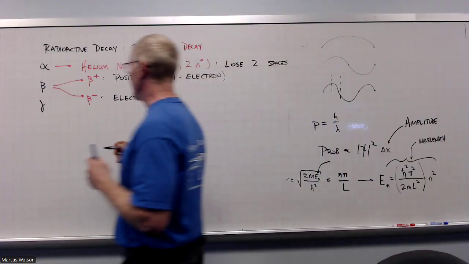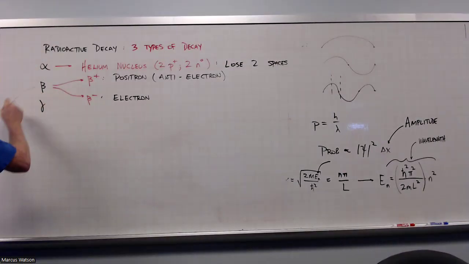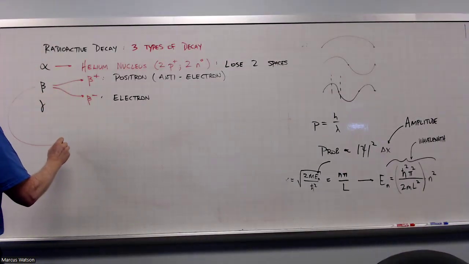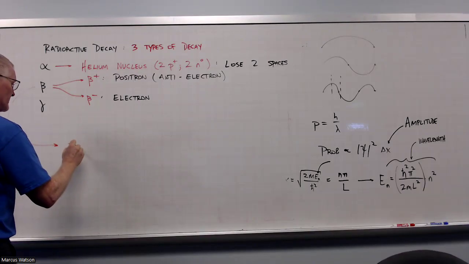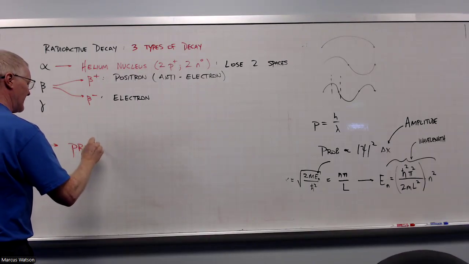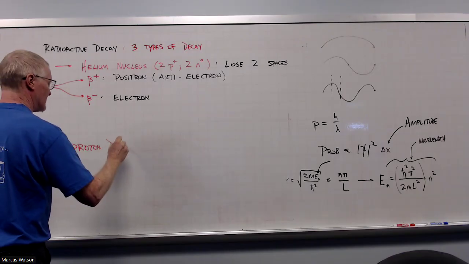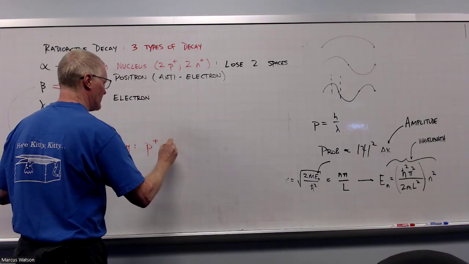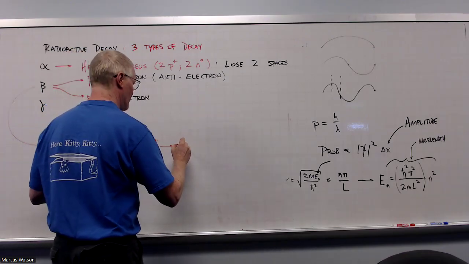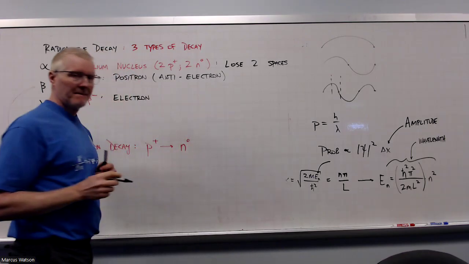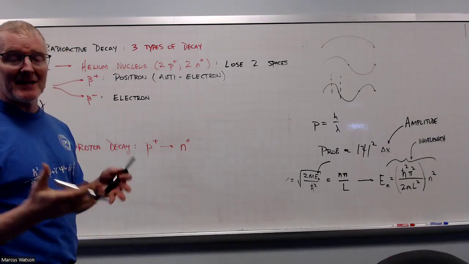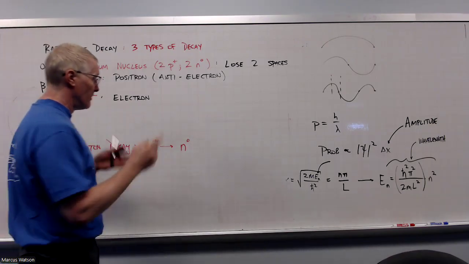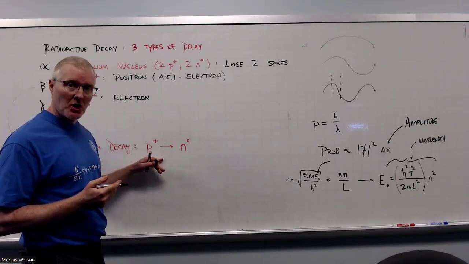So let's just examine this. If I think about a proton, here's proton decay. Proton decay is a proton turning into a neutron. Okay? So a proton can decay into a neutron, but it does have to conserve electrical charge.